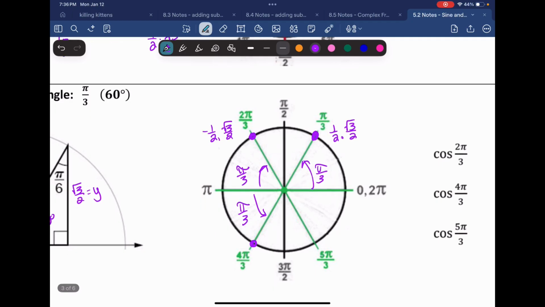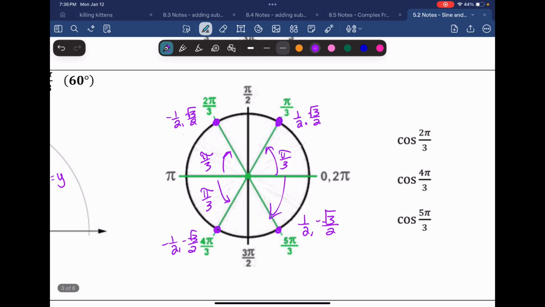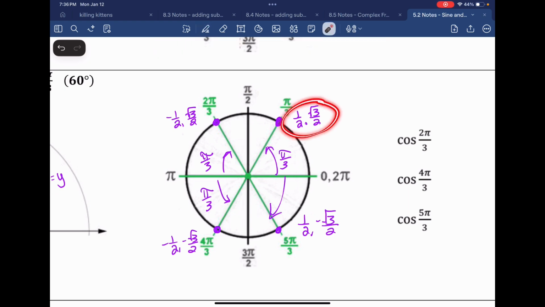In this case, x and y are both negative, so negative 1/2, negative root 3 over 2. Okay, our last one, 5 pi over 3. X is positive, y is negative. Okay, so if you know these, I just have to rotate them around the quadrants. Always going to be 1/2, root 3 over 2 when your reference angle is pi over 3.